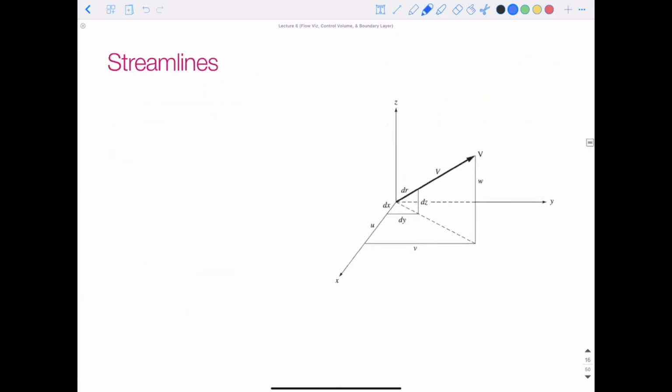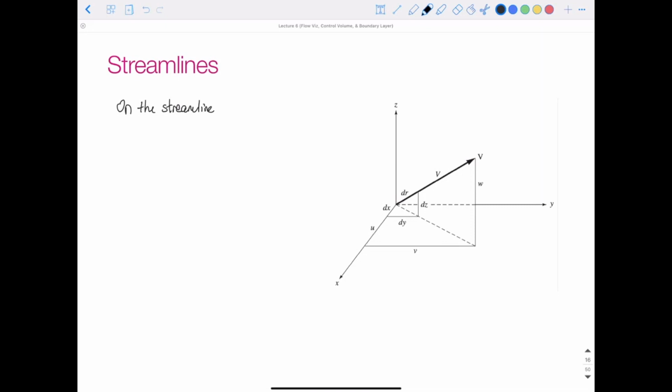So how do we describe streamlines mathematically? On the right-hand side here is a diagram of a velocity vector. Let's assume that's acting at some point in space, x, y, z. On the streamline, during a small time dt, the fluid particle travels in 3 dimensions as much as dx, dy, and dz. It might travel a little bit in the x direction, a little bit in the y direction, and a little bit in the z direction.